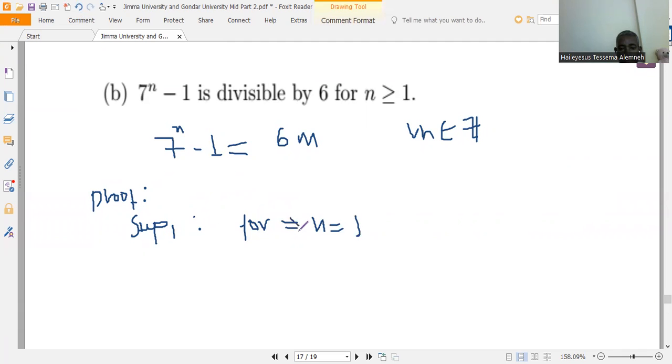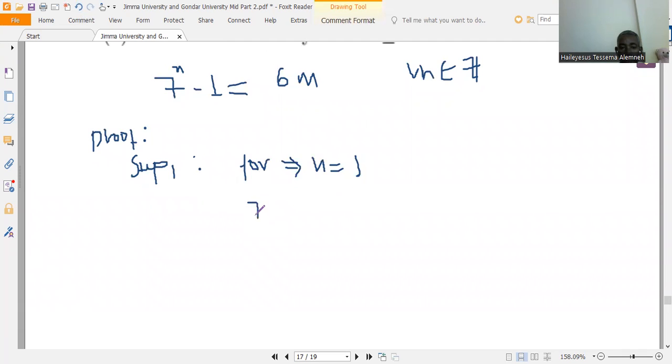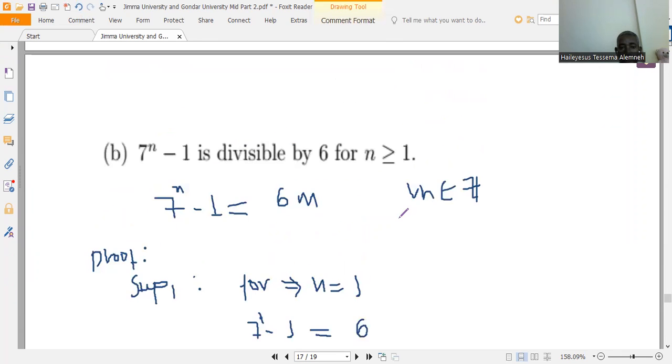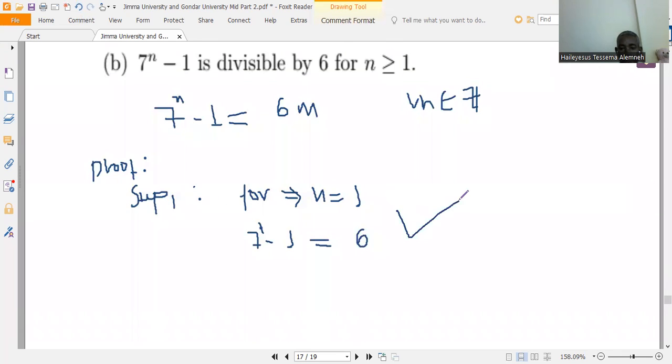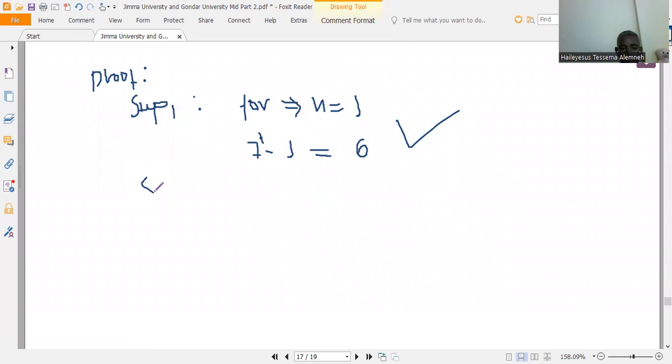Check for n is equal to 1. so then 7 the power of 1 minus 1 is equal to 6. so clearly 6 is divisible by 6, true. It's true.